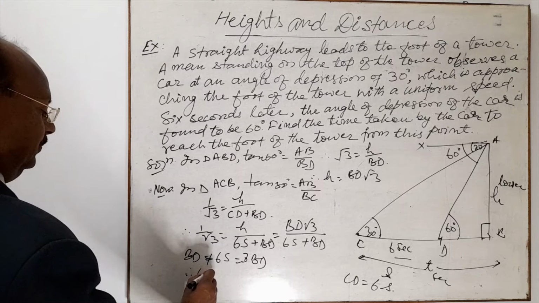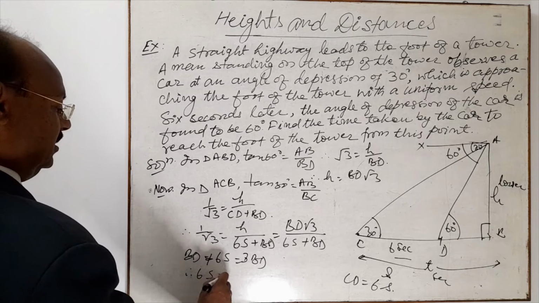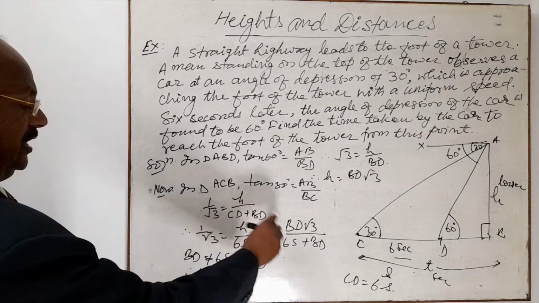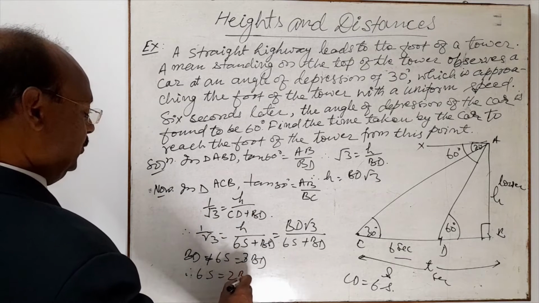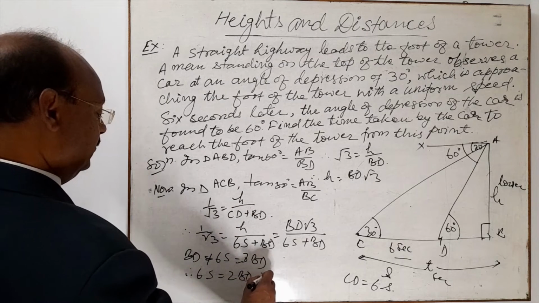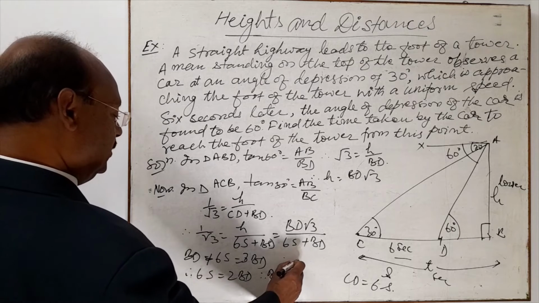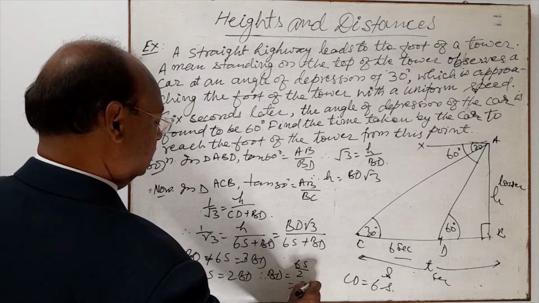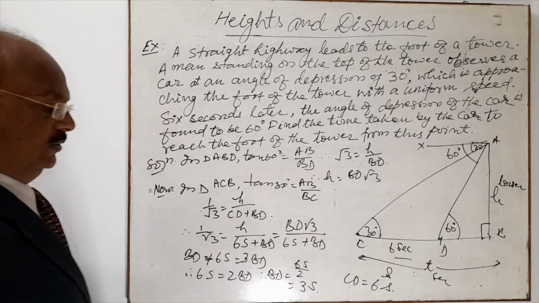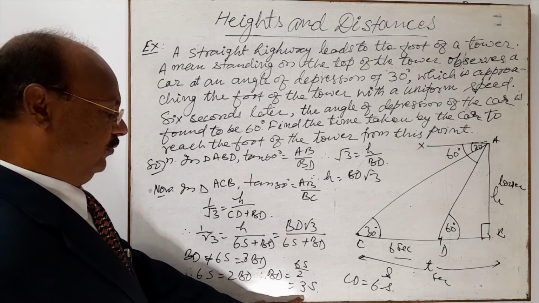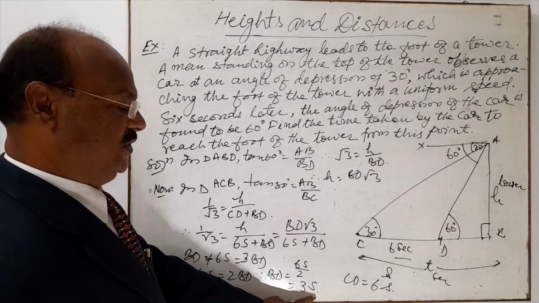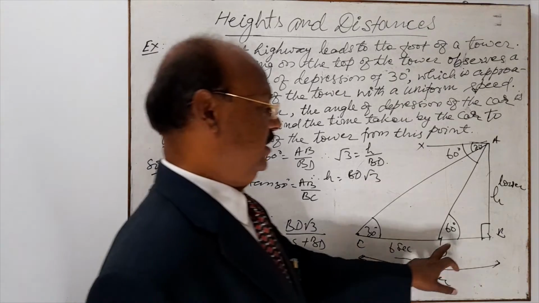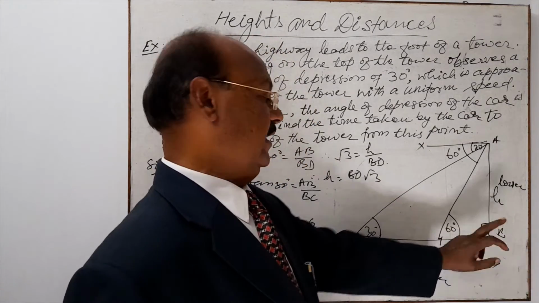And therefore 6s is equal to, this BD will be transposed to the right hand side, 2BD, and therefore BD is equal to how much? 6s by 2, that is 3s. So 3 is time and s is uniform speed. So here time taken is 3 seconds.